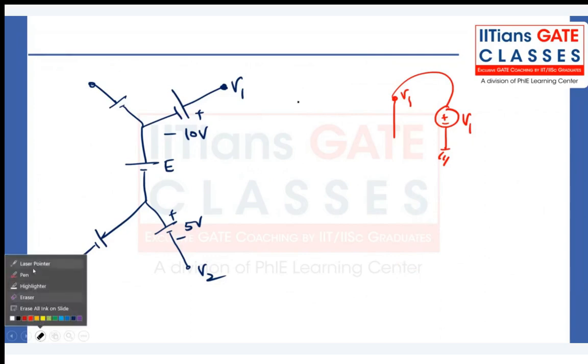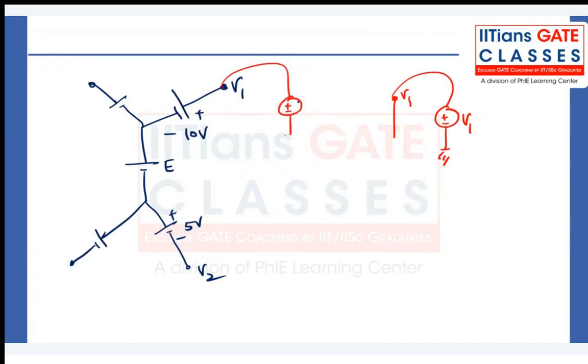So this is the potential here, connected like this. That is, you can say V1. And this is again one, this is V2. So you can apply one KVL from there to here. Now we consider that there is a closed loop. How?